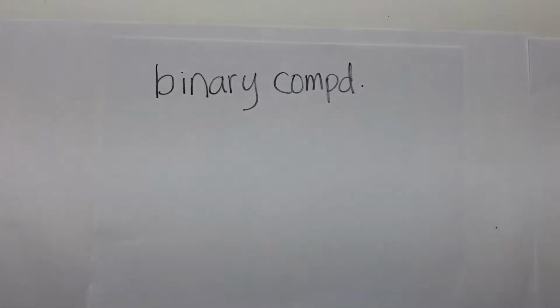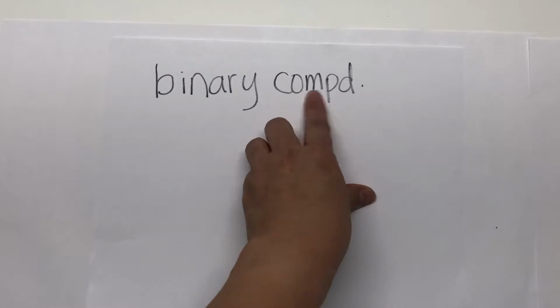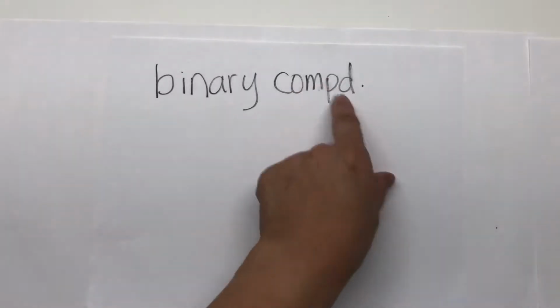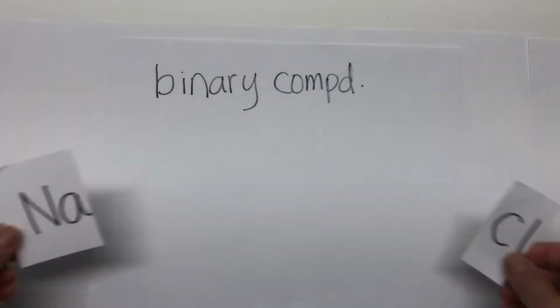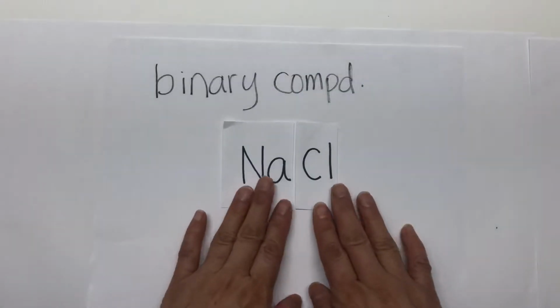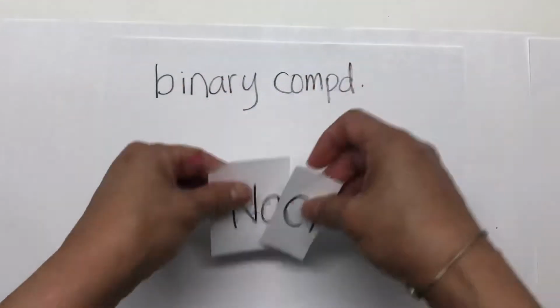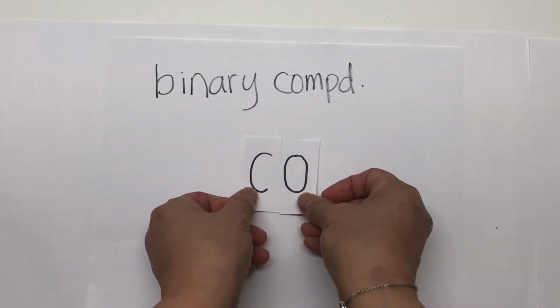Okay. So we've been talking about binary compounds. This is not about binary compounds, but I'm going to review a little bit. What's a binary compound? It's a kind of shorthand for a compound that is made up of two elements, like sodium chloride, or like carbon dioxide.